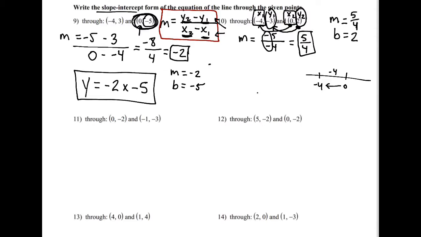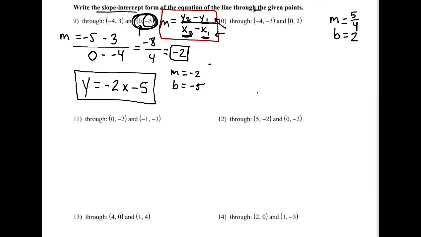But just to show it with the slope formula, I'm going to erase all this mess. All right, I'll show it with the slope formula. Remember x1, y1, x2, y2. So m equals, and I like to erase and replace.